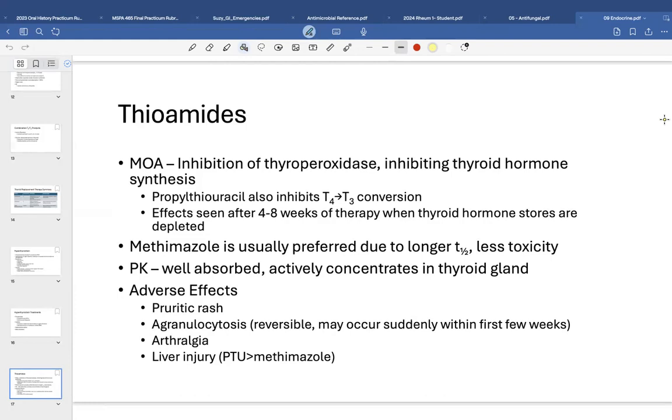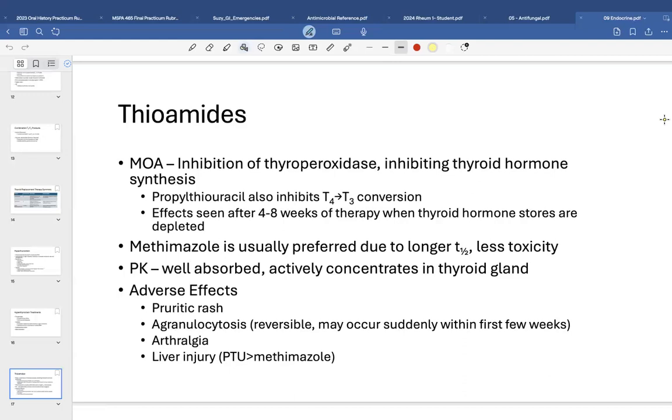What these drugs don't do is affect any existing thyroid hormone stores in the body. So even with consistent dosing, you're not going to see any benefit from thioamide therapy until your existing thyroid hormone stores are depleted.